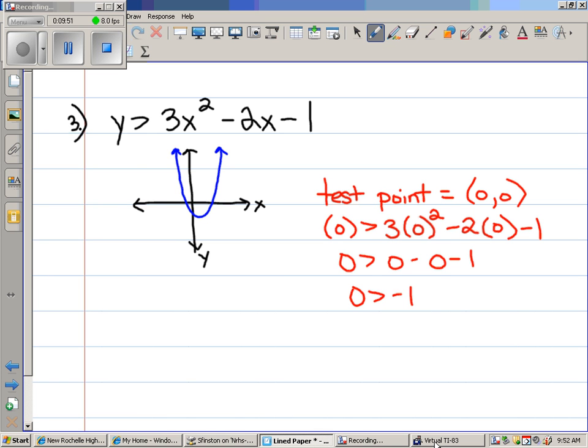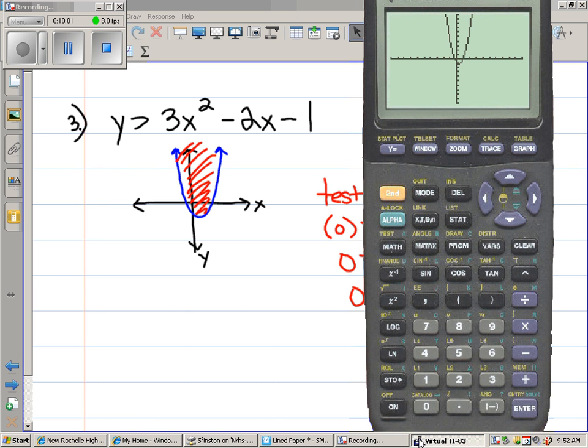Is 0 greater than negative 1? Yep. And so you'd be shading in the center. If you wanted to do that on your graph, you would be shading up. You'll see it comes down like that.